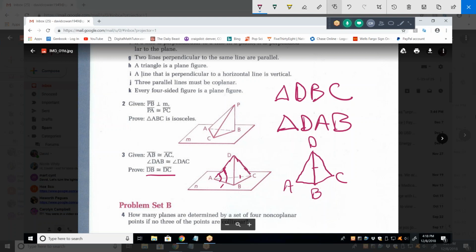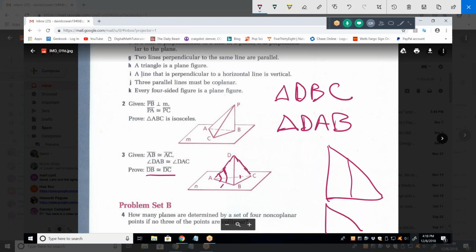Let me draw those two triangles. Let's see if we can prove congruency between those two triangles. A lot of times in geometry, it's helpful to take a picture, whether it's two-dimensional or three-dimensional. I've done it in 2 dimensions all the time, and it's very helpful. Sometimes they'll put 2 triangles in the same picture. What I like to do is take the big triangle out all on its own and then take the little triangle out all on its own.